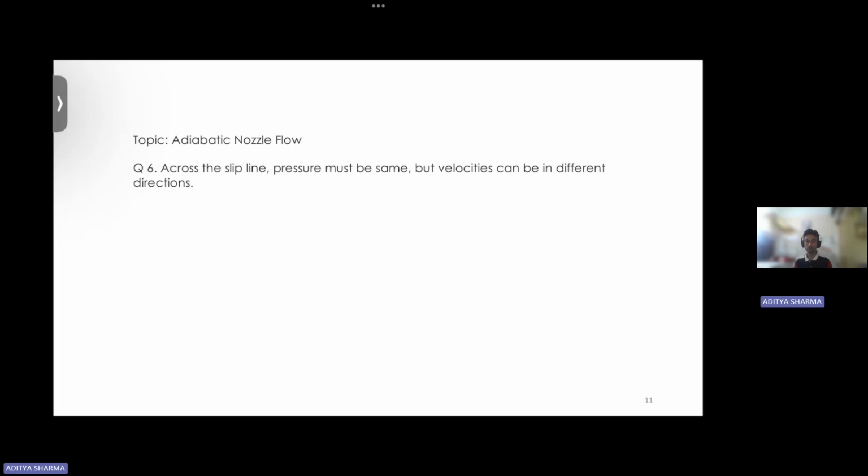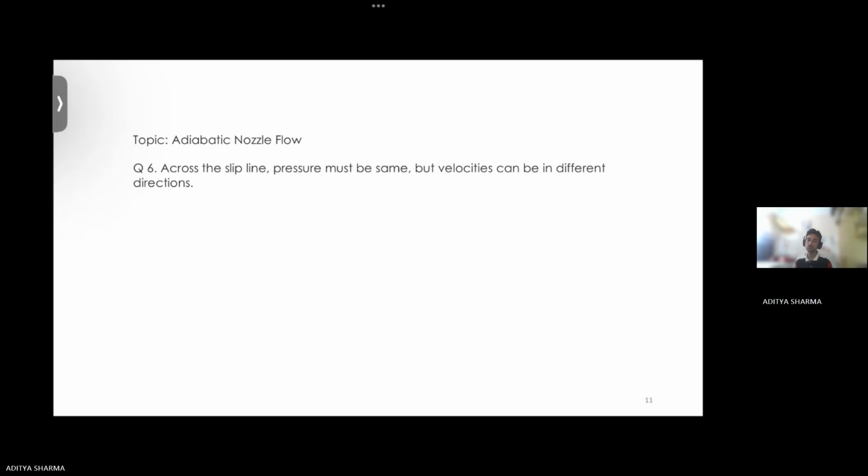So from that we can say that across the slip line there will be no flow, but along the slip line, obviously there is flow. The second statement is that velocities can be in different directions. This is not possible in any case. Velocities cannot be in different directions.